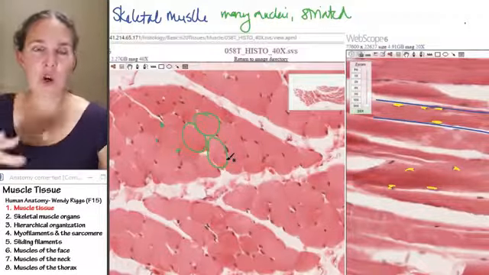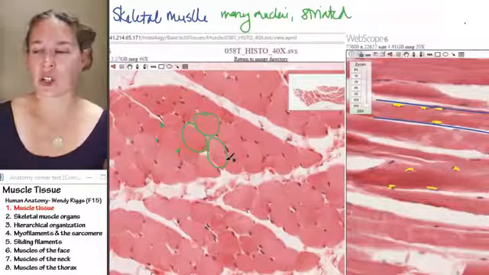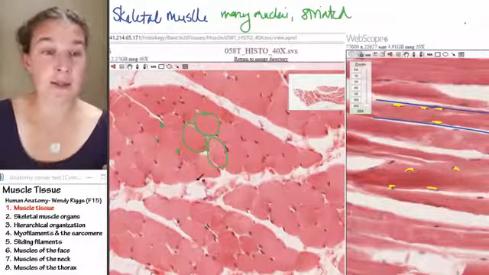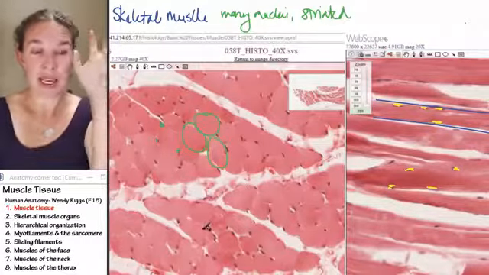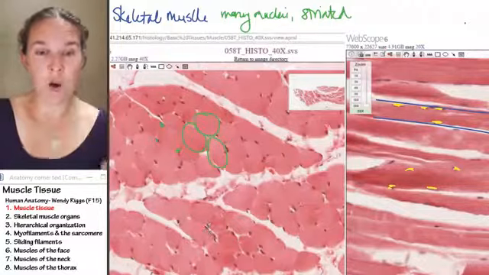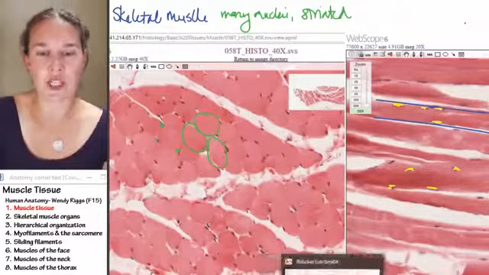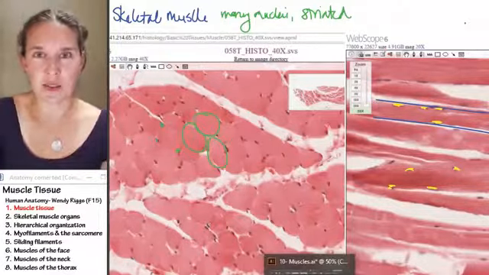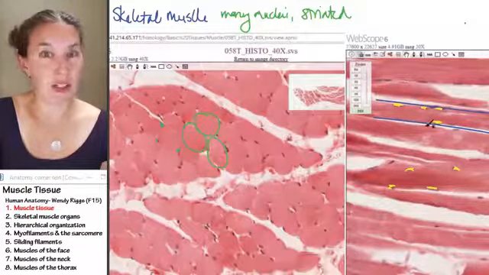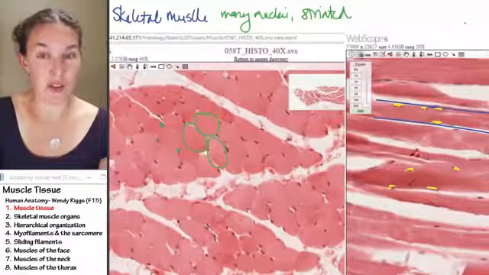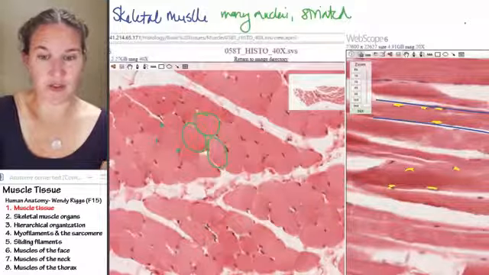And then we're going gross anatomy, and we're going to start looking at skeletal muscle organs. Let's start by getting big to make sure we know where we are, and then we'll look at our tissue in more detail. Why are these striations here, and why are the nuclei all around the edges? Okay, I'll be right back.